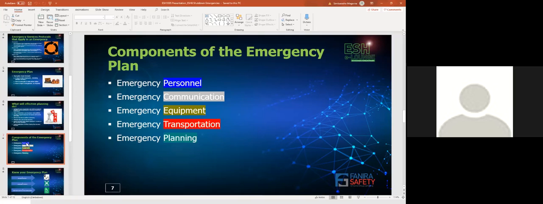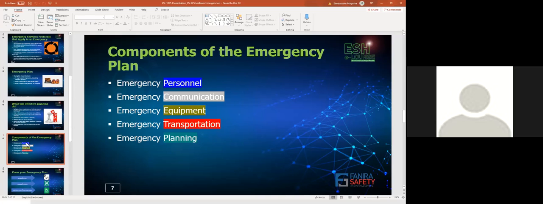And also let's ensure that the emergency equipment is in place. During emergencies, people tend to relax, people tend to forget. People end up seeing during emergencies that the fire extinguishers that are discharged are expired, their hoses are not working.